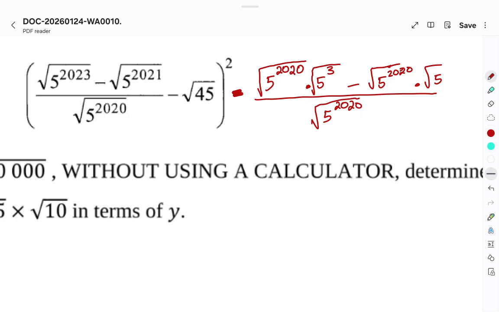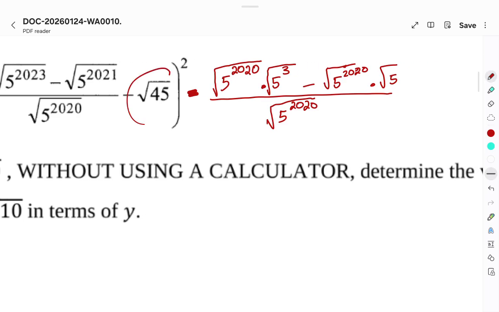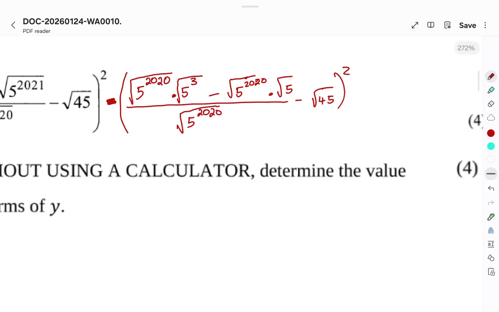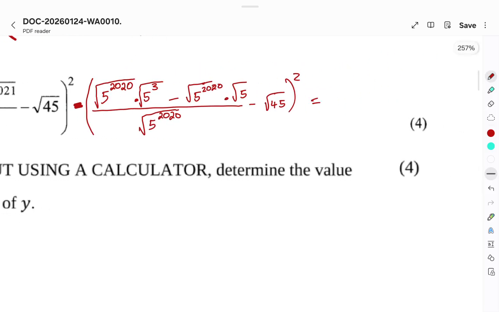Then I need to bring back the 45 that I have there. It's negative root 45. So this whole thing is squared. Then from there you say this is going to be equal to, you have a common factor there.